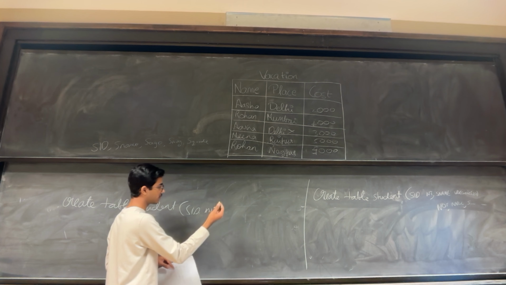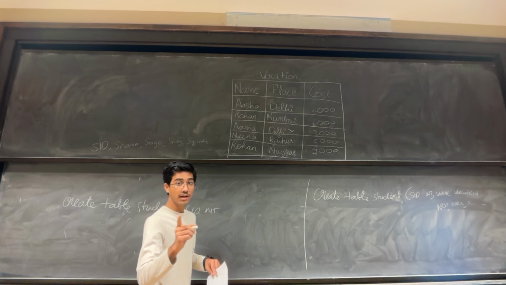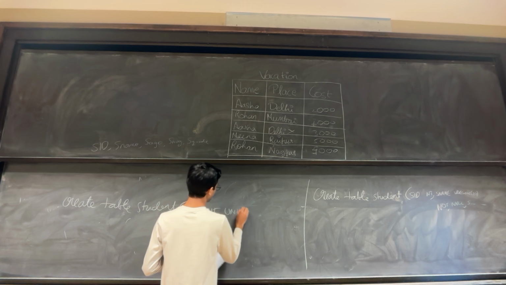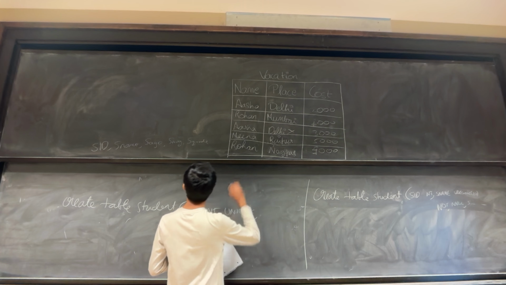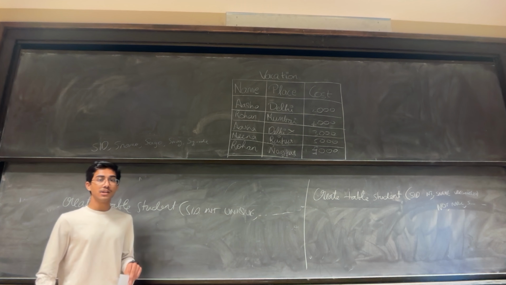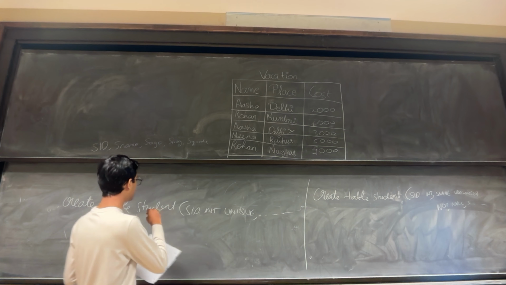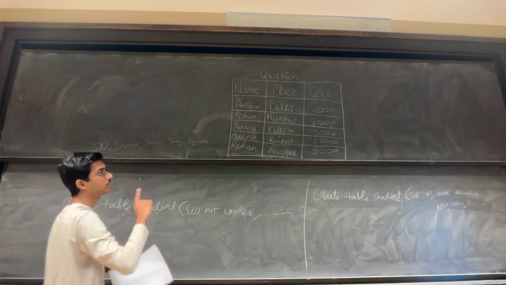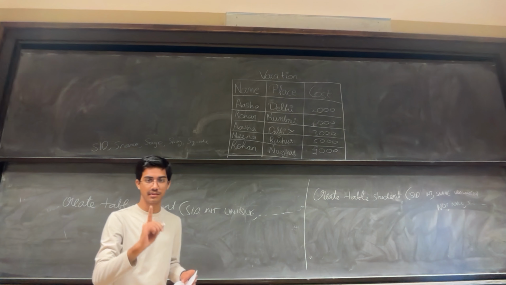What's the type? It's of integer type, and now I can say SID integer unique, and then I can continue comma sname, so on and so forth. So what this does is it ensures that no two rows can have the same value, but it accepts null.